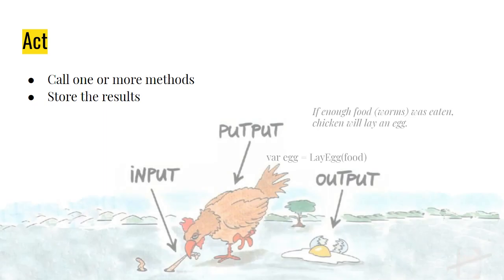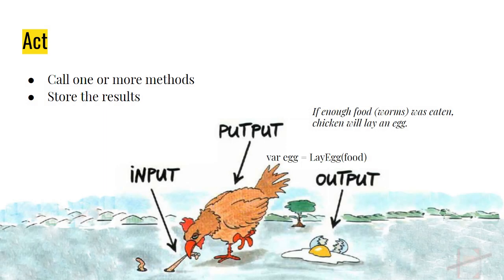Act would be that the chicken eats worms. And after the chicken eats worms, it outputs an egg.